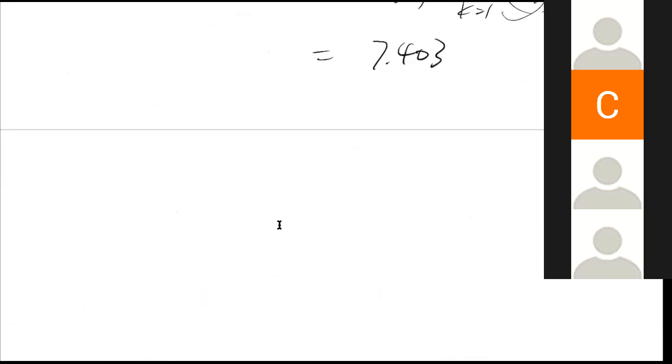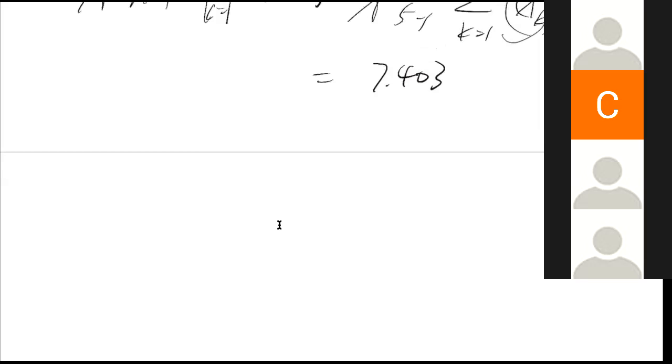Saying that there is a 95% chance that the mean will lie in this interval is false, because the mean itself is fixed. It's not a random variable. So we can't say the probability of the mean landing in some interval. Instead, we should say that after calculating the interval, we have 95% confidence that we will have the mean in our interval. So it's the interval itself that is shifting instead of the mean shifting. This is something you need to know.